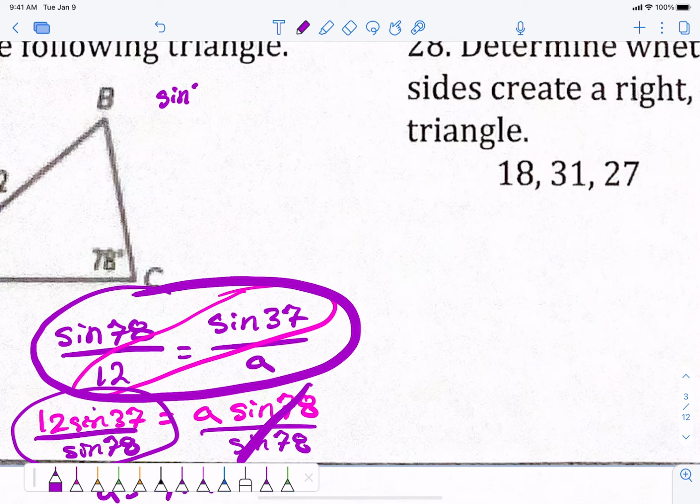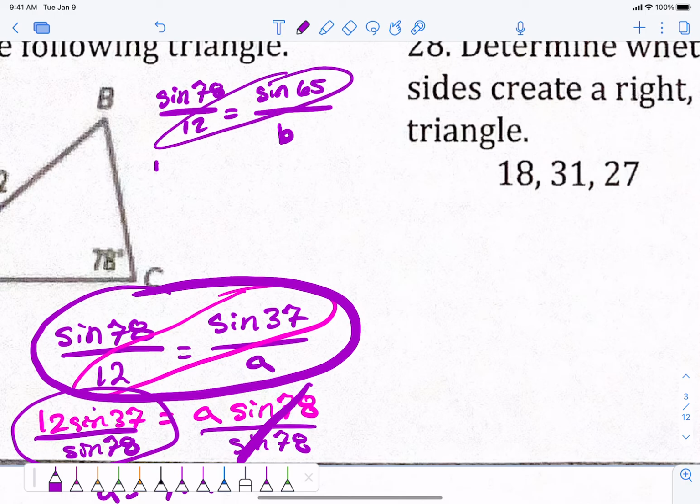So sine of 78 over 12 equals sine of 65 over b. We do the same thing again: 12 sine of 65 divided by sine of 78 equals b.